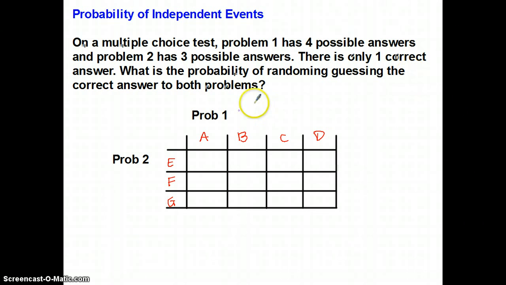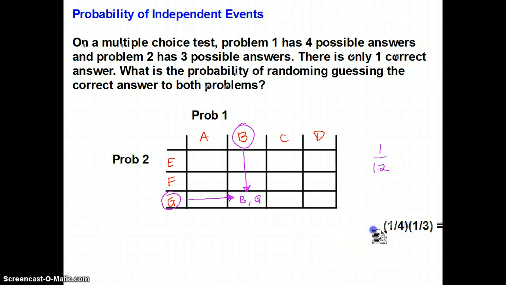And let's say that the correct answer for problem 1 is B and the correct answer for problem 2 is G. Well, there's only one way that we can get both of these right, and that's by selecting B and G. If we count out all the cells possible, there's 12 cells, and that means that we have a 1/12th chance of getting that correct answer.